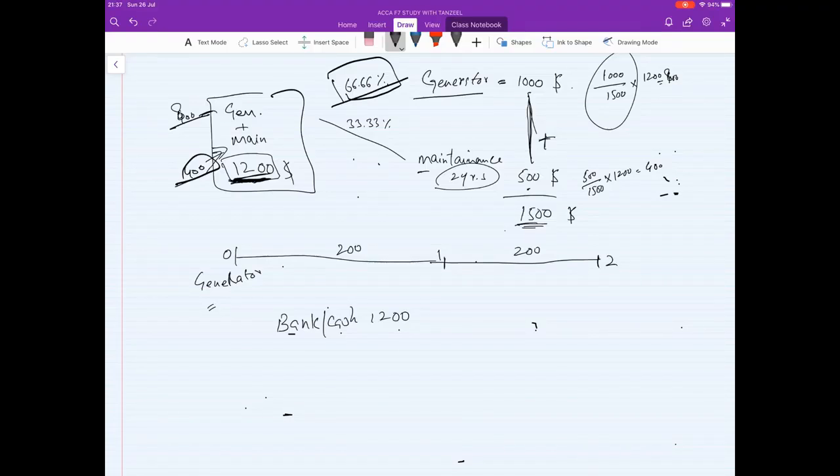I will book 800 now as income, revenue, in profit and loss. The other 400 I cannot book now, so I will book it as deferred income at point 0, deferred income of 400.